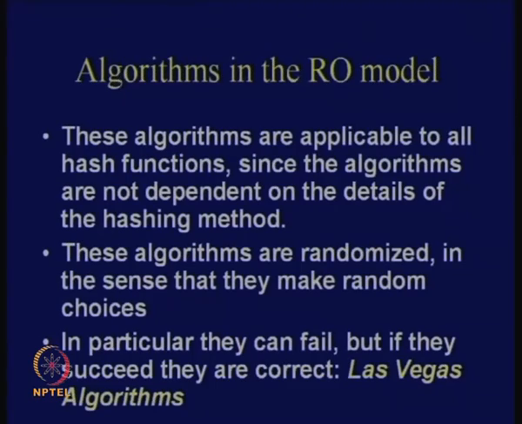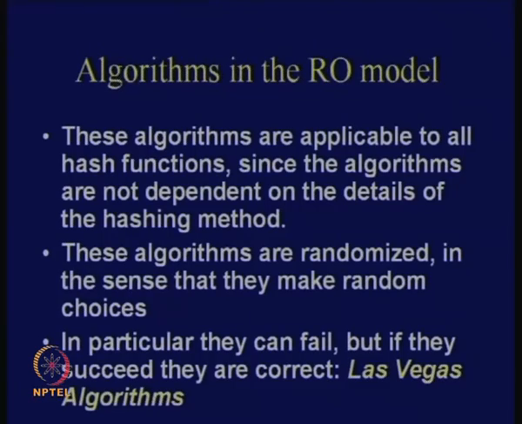So, what are randomized algorithms? I think you have studied this in your algorithms class, so I will not go into real details. The main thing is that the algorithm will make random choices.